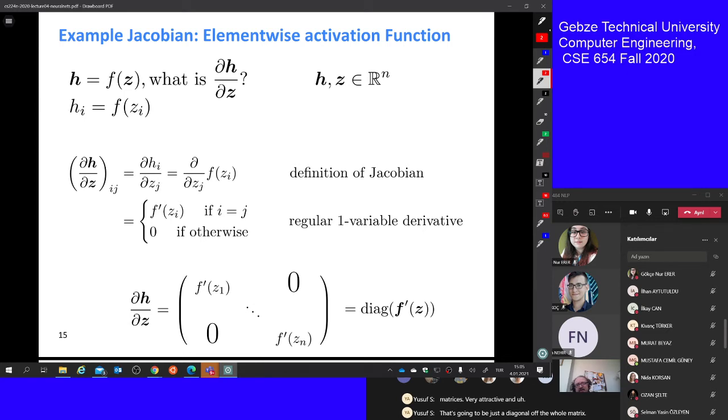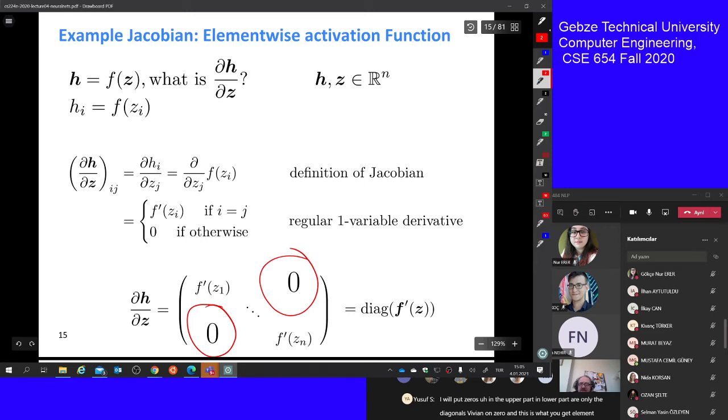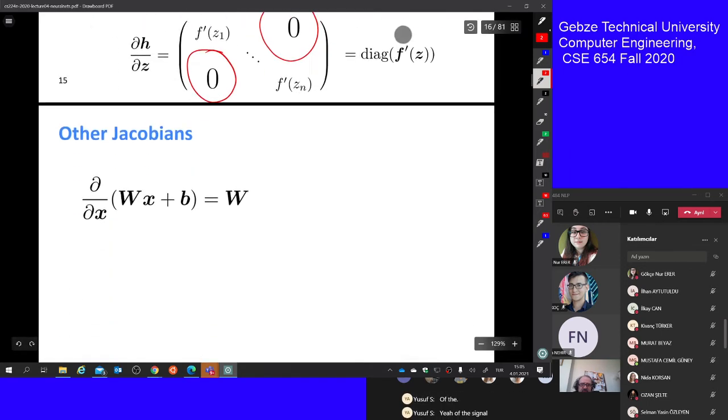Since all the other values are going to be 0, because you are taking the derivative of zi with respect to zj, which is 0. They are not dependent on each other. I will put zeros in the upper part and the lower part. Only the diagonals will be non-zero. And this is what you get, element-wise activation function of the sigmoid that we have used.